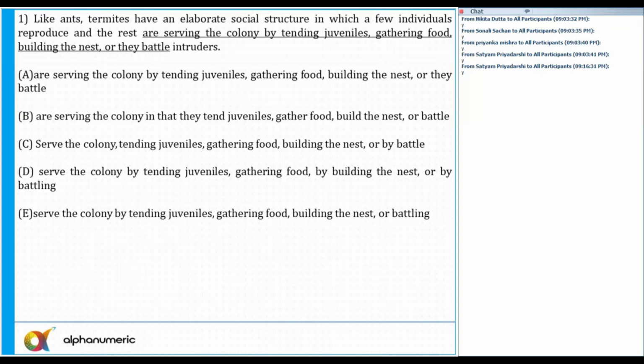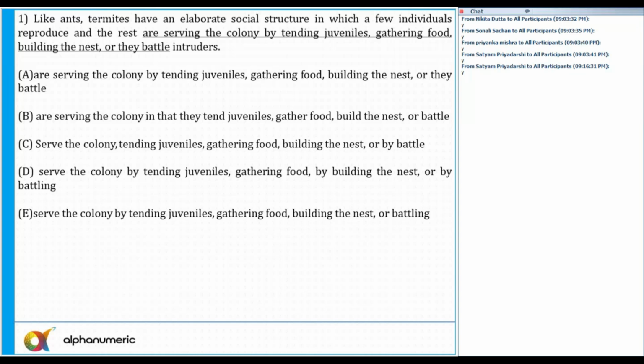Now, if you see over here, there is a problem of comparison. Few individuals means X reproduce and the rest, that means Y. Then I cannot change the verb form to make it parallel because I'm talking about 2 kinds of termites. The first kind reproduces and the second kind serves. I cannot change the verb form.